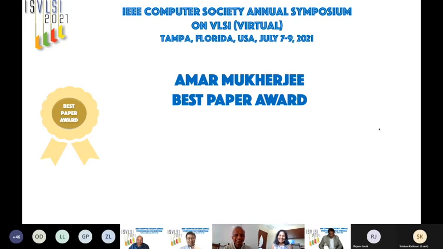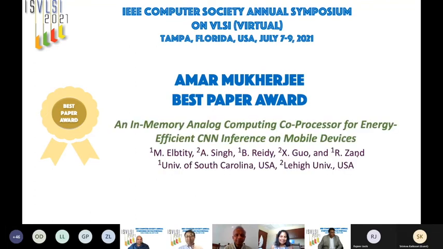I don't have it, but here it is. An in-memory analog computing coprocessor for energy-efficient CNN inference on mobile devices, written by LBTT, Singh, Reddy, Goa, and Zand from University of South Carolina and Lehigh University. I believe Ramton is here.